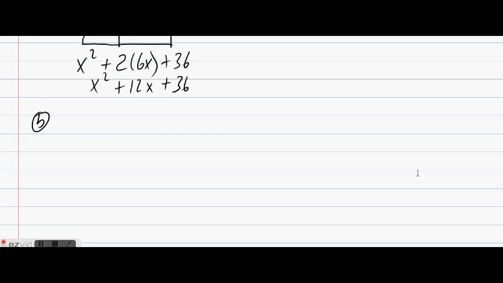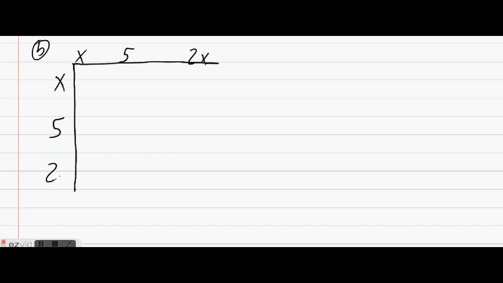Here's one that's a little bit tougher, and forgive my horrible drawing, but if I gave you x, 5 and 2x. And I'm attempting to keep this square because the dimensions are going to be exactly the same.